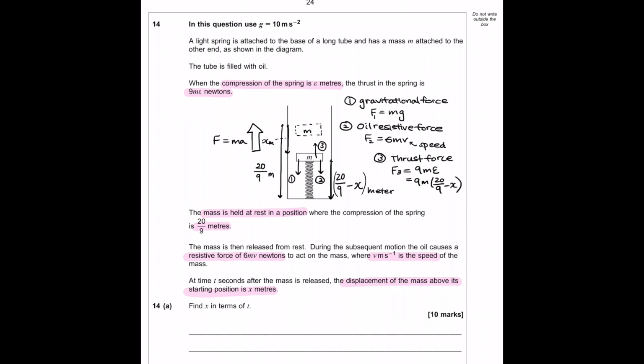Then the next step is to decide a positive and negative sign depending on which direction you want to make positive. I usually use the resultant force direction as positive, so going upward is our positive. Then our resultant force should be equal to the sum of all the forces applied.